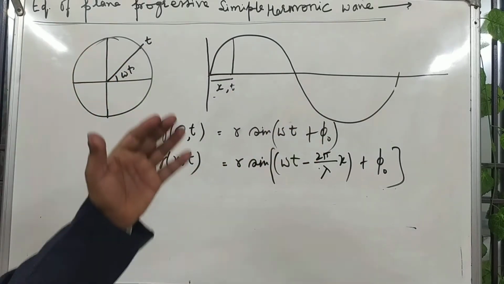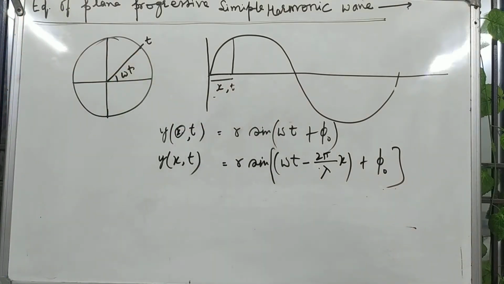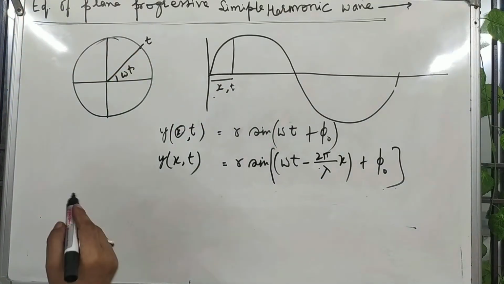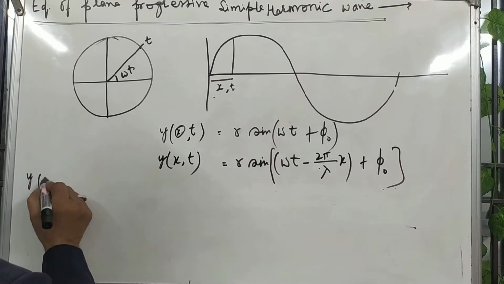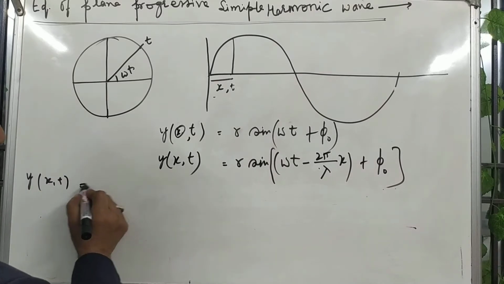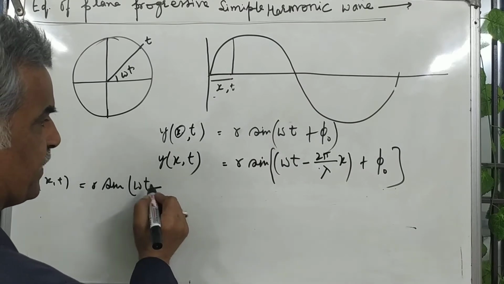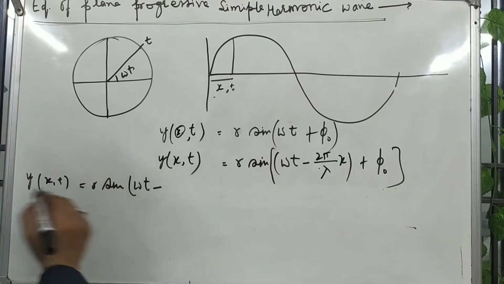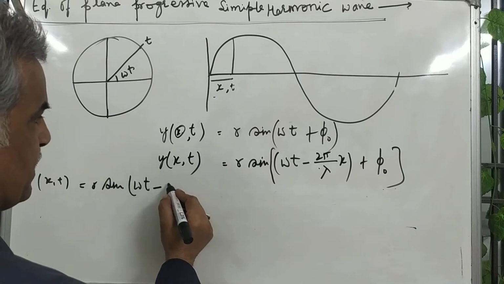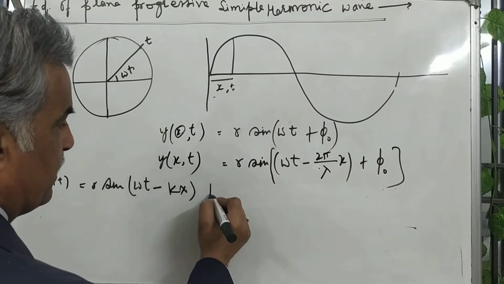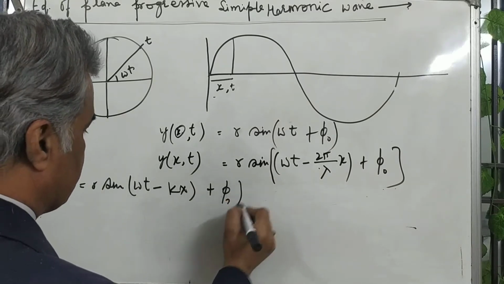Now transformations are made. So y(x,t) is r sin omega t minus 2 pi by lambda x, that is kx, plus phi naught.